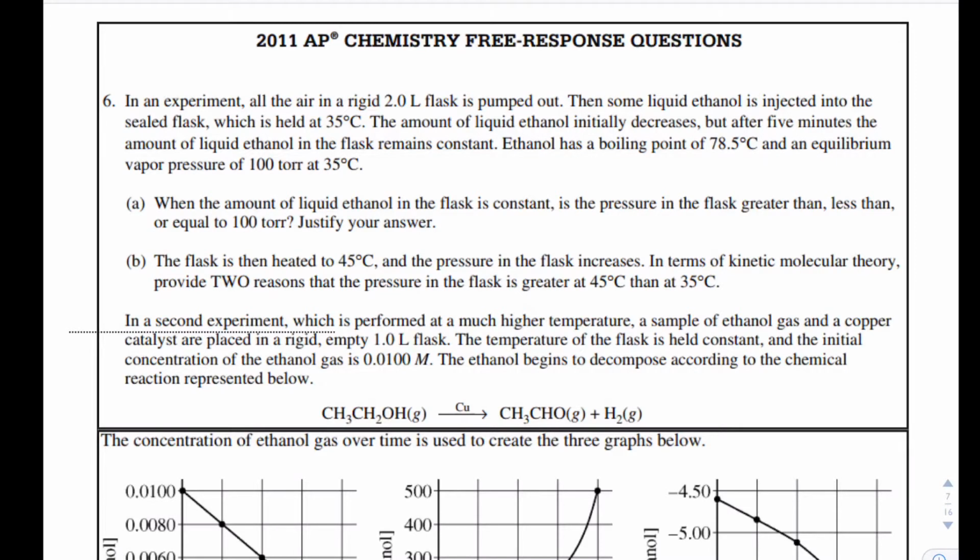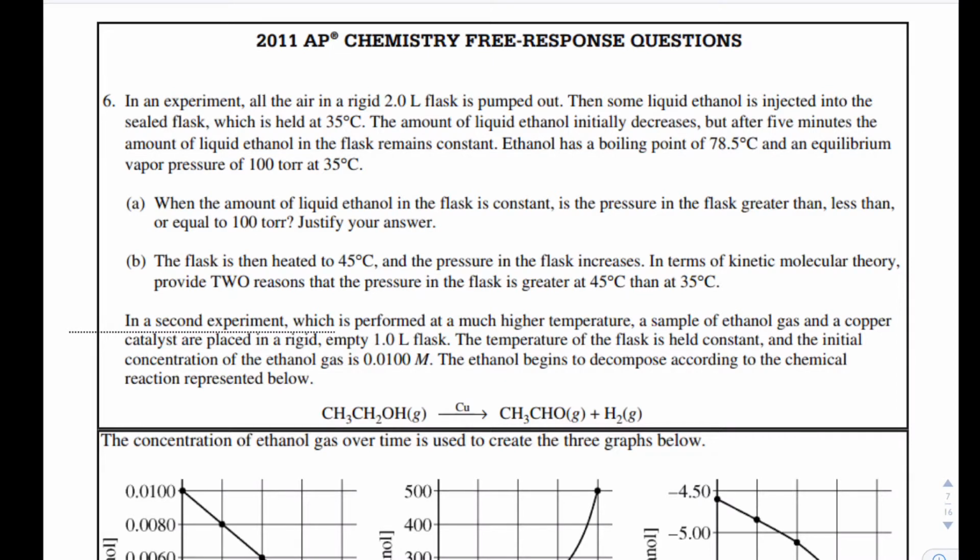In this video, we're going to take a look at question number 6 from the 2011 AP Chemistry free response questions. How question 6 goes is they say, in an experiment, all the air in a rigid 2-liter flask is pumped out, then some liquid ethanol is injected into the flask, which they hold at a temperature of 35 degrees Celsius.